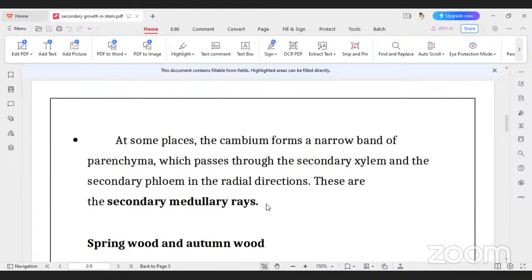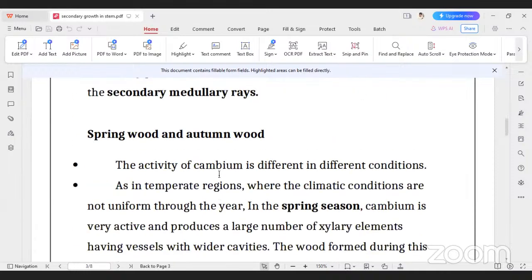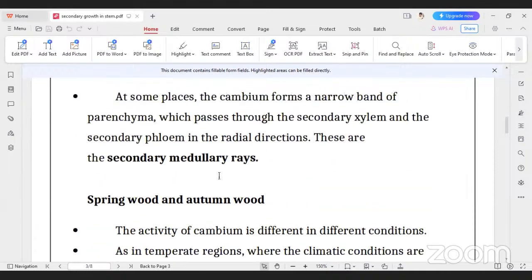Let's try again. The cambium ring, the vascular bundles.